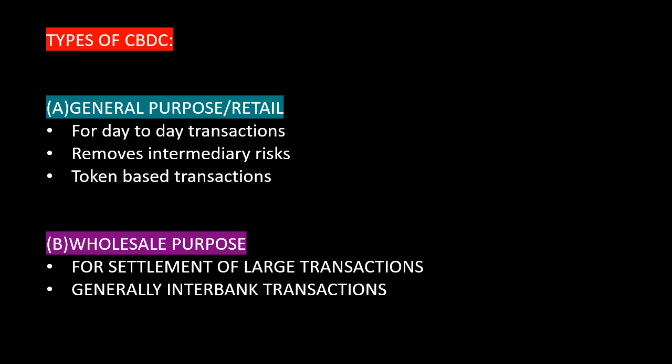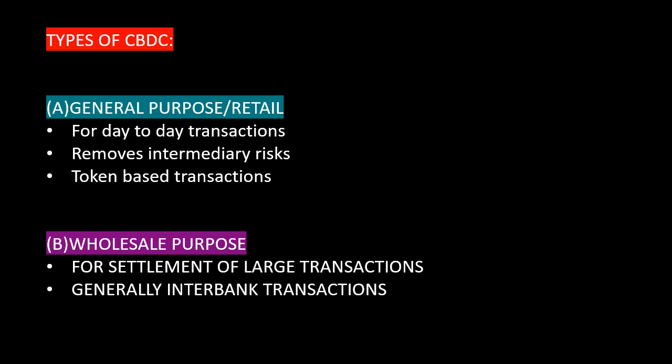Smaller value transactions or day-to-day transactions happening between two individuals are covered under general purpose retail. And these transactions using central bank digital currencies will be token based transactions. One token is generated for a transaction.